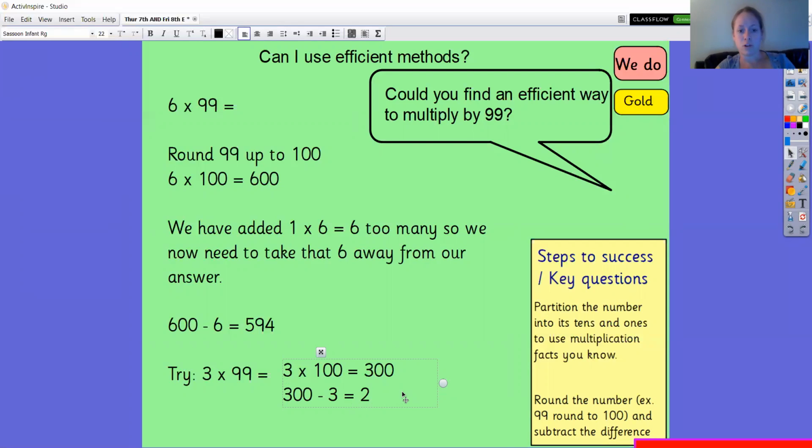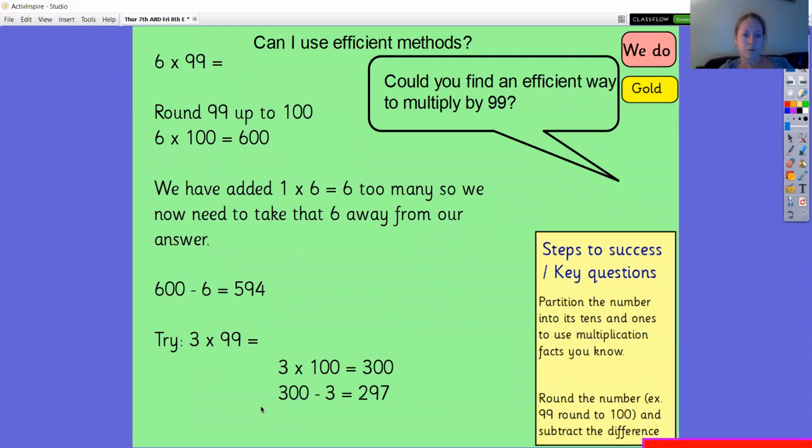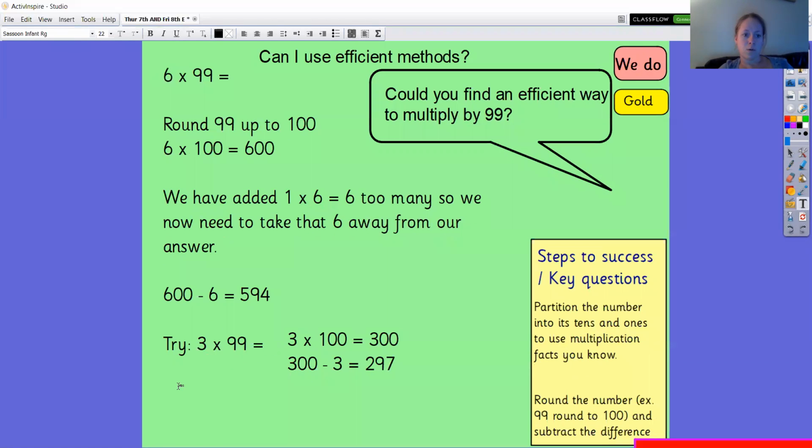So it's going to be 290 something, and it's going to be 297, because I know that 3 and 7 make 10 together. So my answer there is going to be 297. The last one I asked you to look at was 8 times 99. So there I'm just going to do 8 times 100 to start with. And I know that that's 800.